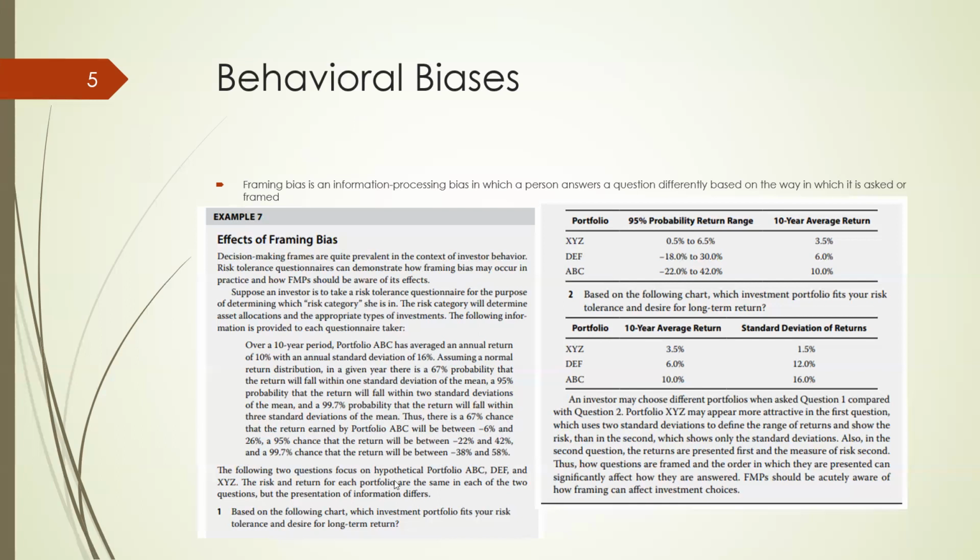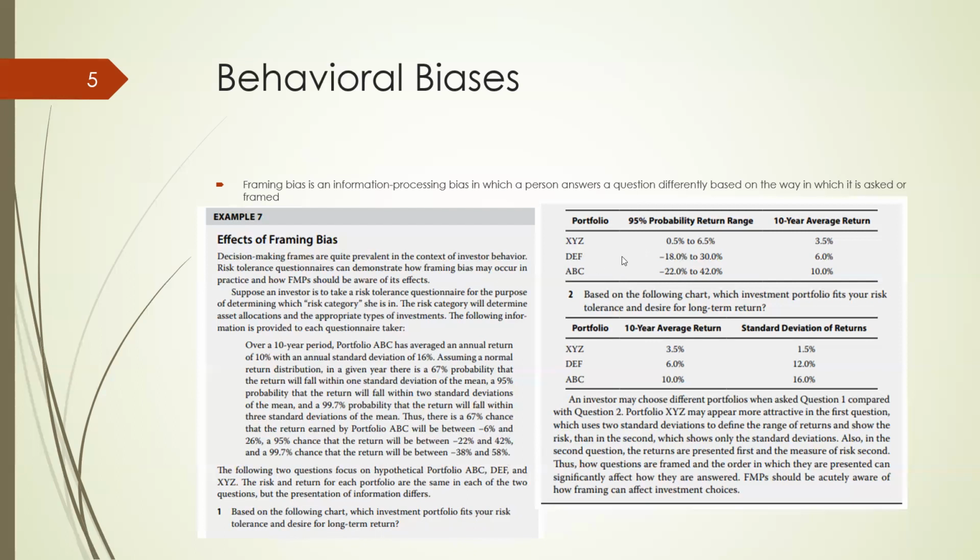The following two questions focus on hypothetical portfolios A, B, C, D, E, F, and X, Y, Z. The risk and return for each portfolio are the same in each of the two questions, question 1 and question 2, but the presentation of information differs. That is where the framing bias comes into the picture. Based on the following chart, which investment portfolio fits your risk tolerance and desire for long-term return?